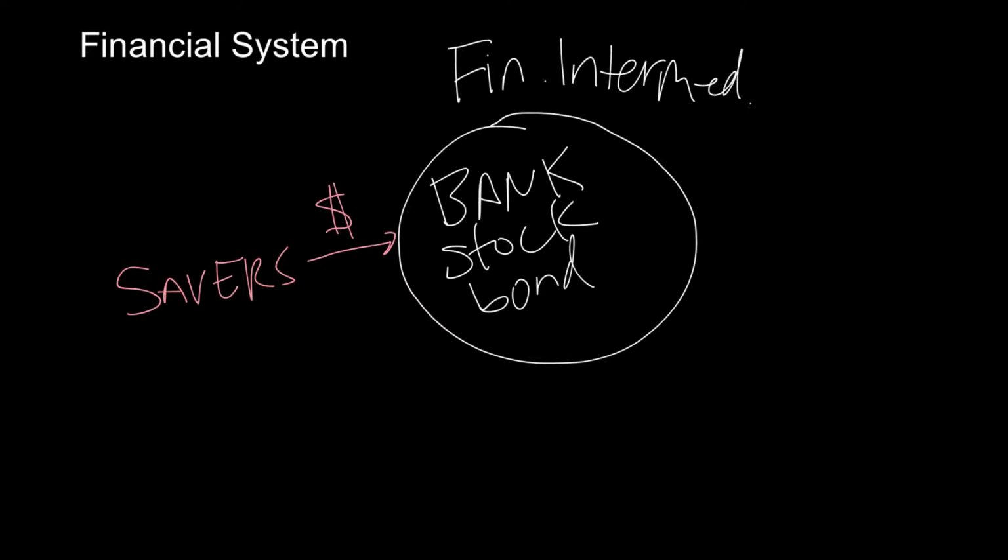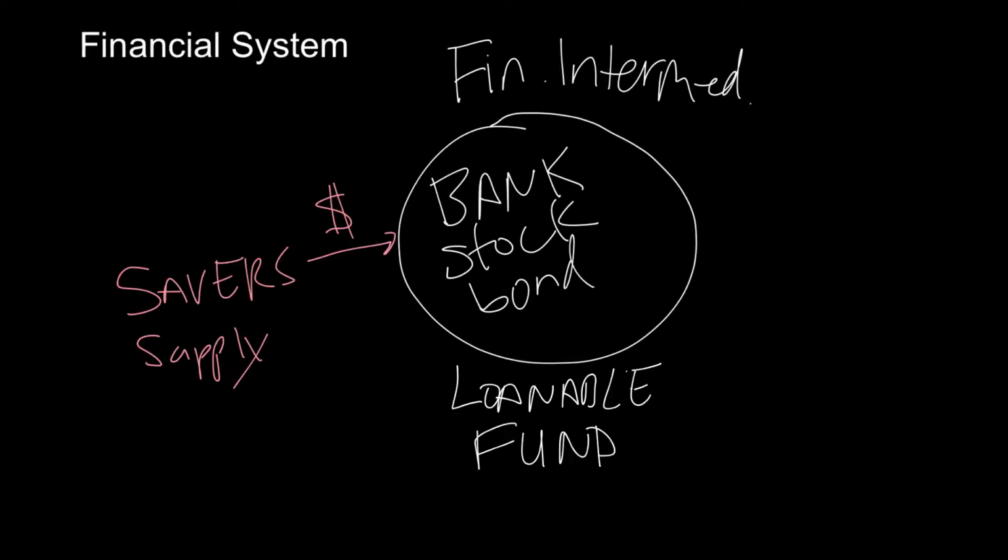Ooh, notice that word I just used. Supply, it's back. They're going to supply money into our financial intermediary system in any form. And we're just going to refer to all these different forms that the money could be saved as loanable funds. That's what I mean by high level or aerial view of things.